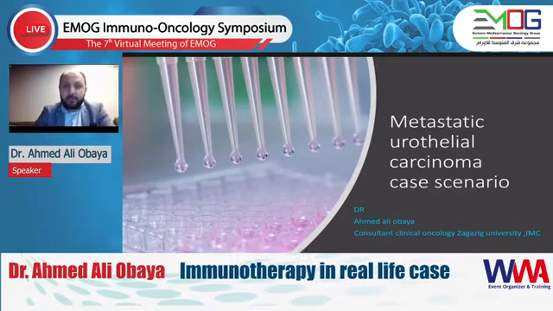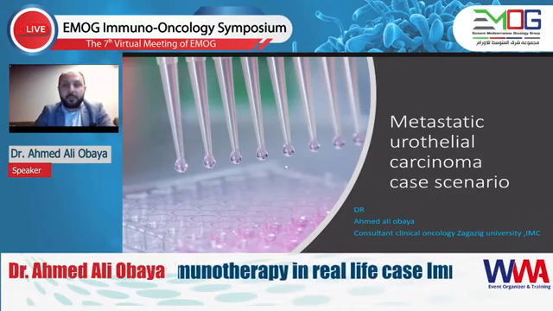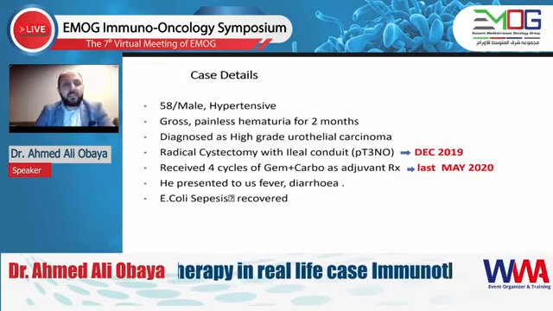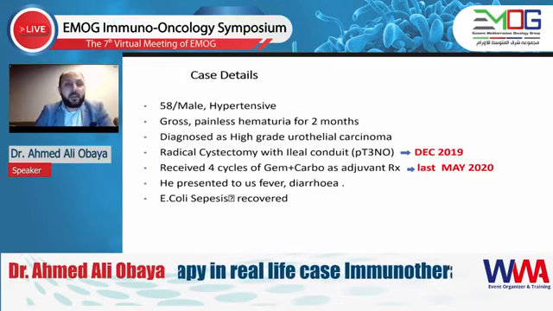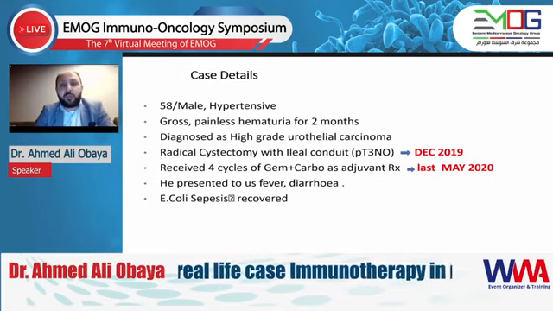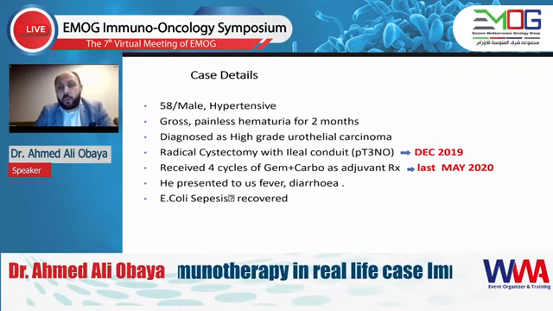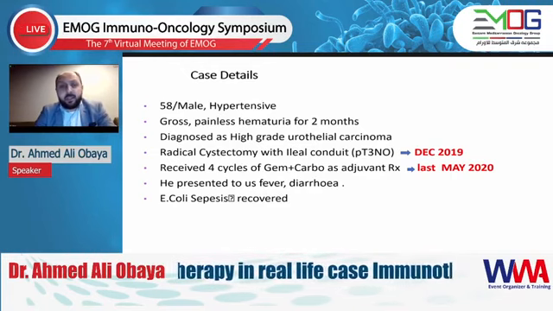My case is a male patient, 50 years old, hypertensive. His complaint was gross, painless hematuria for 2 months, diagnosed as high-grade urothelial carcinoma. Radical cystectomy was done with ileal conduit, with post-operative histopathology T3 N0 in December 2019.